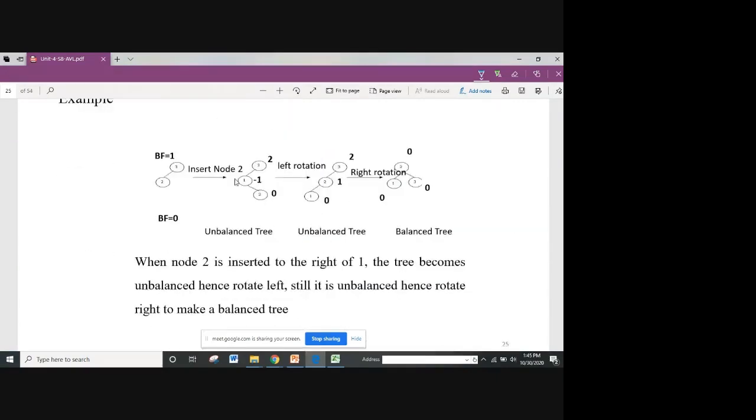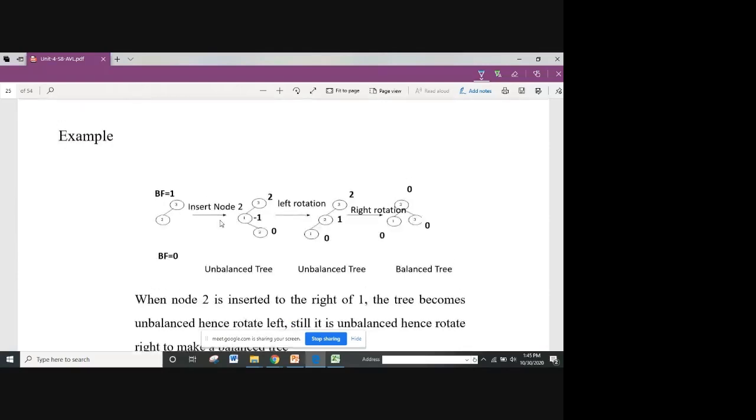Now see in this example, insert node 2. When you are inserting node 2, what happens? Is it audible? Yes, ma'am. Okay. When you insert node 2, where will node 2 come?